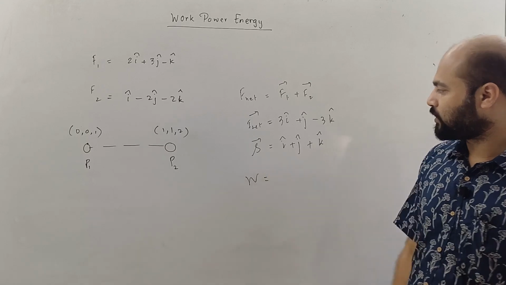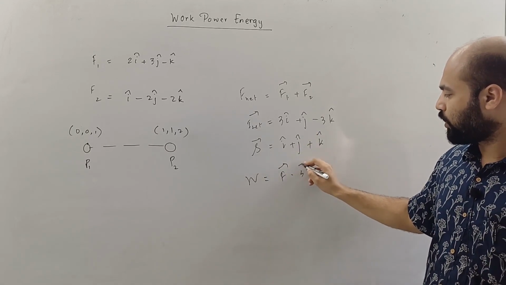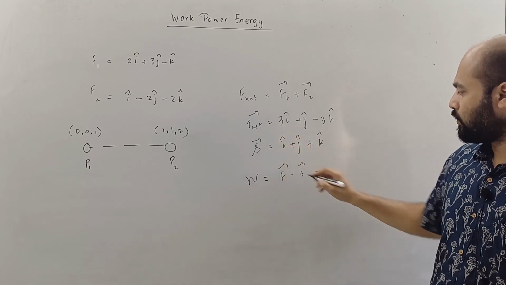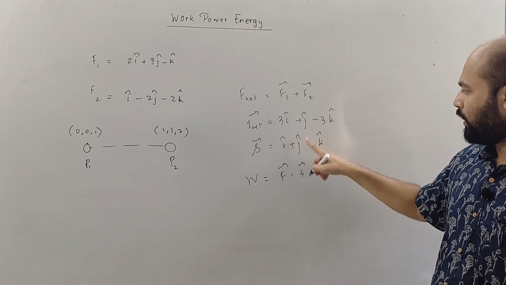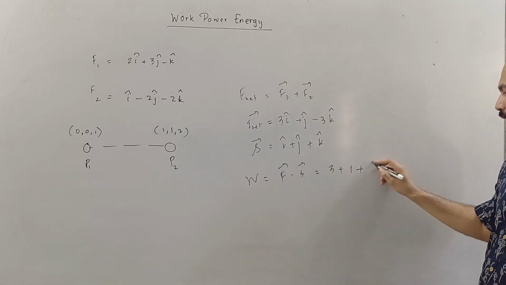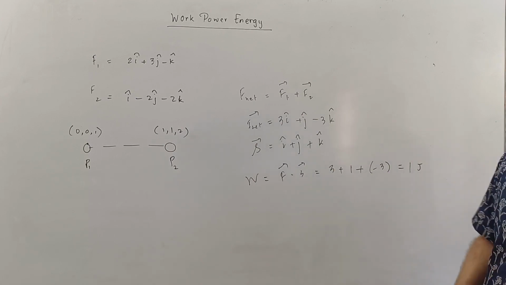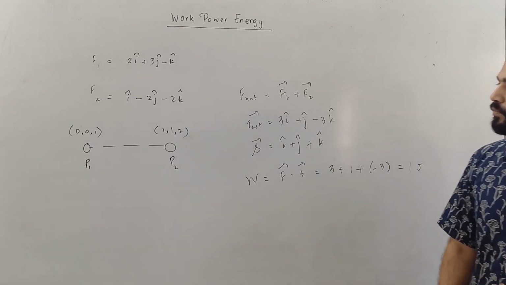Work done this time is going to be F dot S. So once I write this as F dot S, 3 into 1 is 3, 1 into 1 is 1, and then finally minus 3 into 1 is minus 3. So the answer that we get is 1 joule in this case. That is the answer of this question.